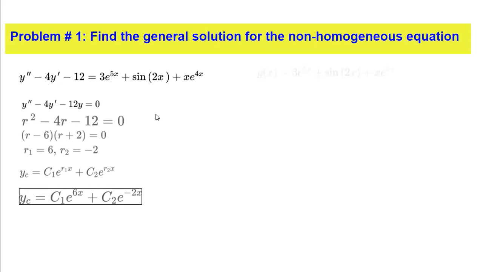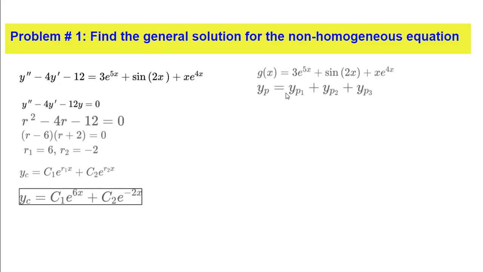This will be written in the form g of x is equal to 3e to the 5x plus sin 2x plus x e to the 4x. Since we have three g of x values, we will also be having three particular solutions. So here our particular solution yp equal to yp1 plus yp2 plus yp3.